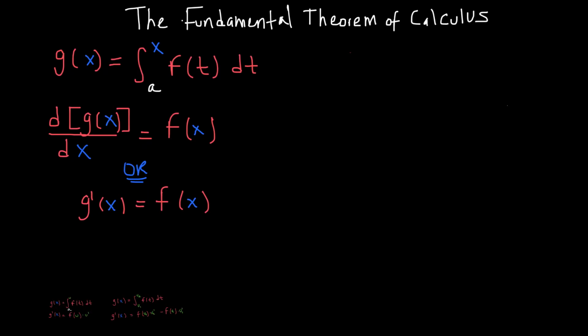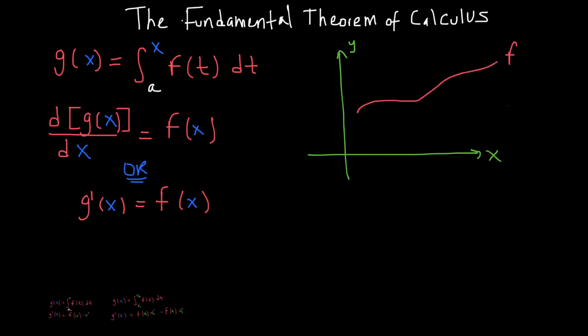And one way to think of it is if we drew a picture of it. Let me see. This is x, and this is y, and this is a function f, and I have my constant a, and so let's say x is a number here.